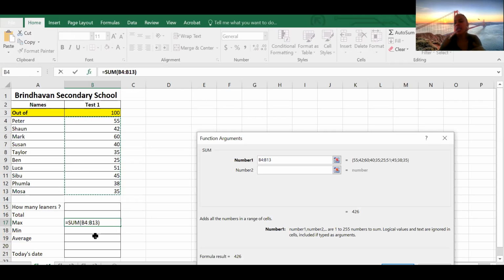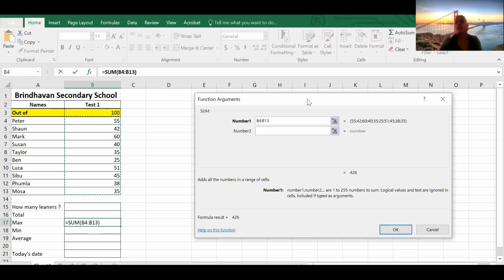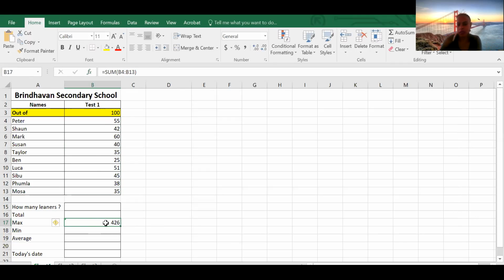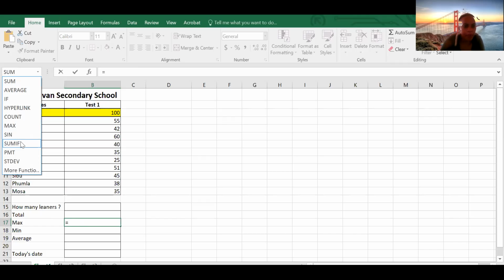If I wanted to calculate the total sum of what all the students scored, I can just write it there. If that's what I wanted to see, the total sum of the performance. Or if you want to do the minimum, you do the same thing. You come to the equal sign, and then you look for minimum.